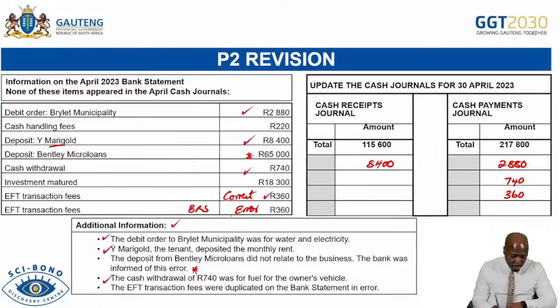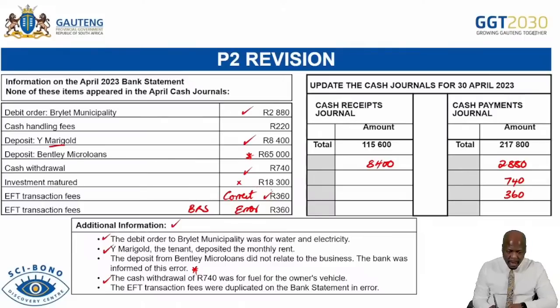Okay, and then before I move on, you will see that I have a transaction that I have not yet ticked, and I want us to look at those ones. The first one is the investment matured, which is 18,300.